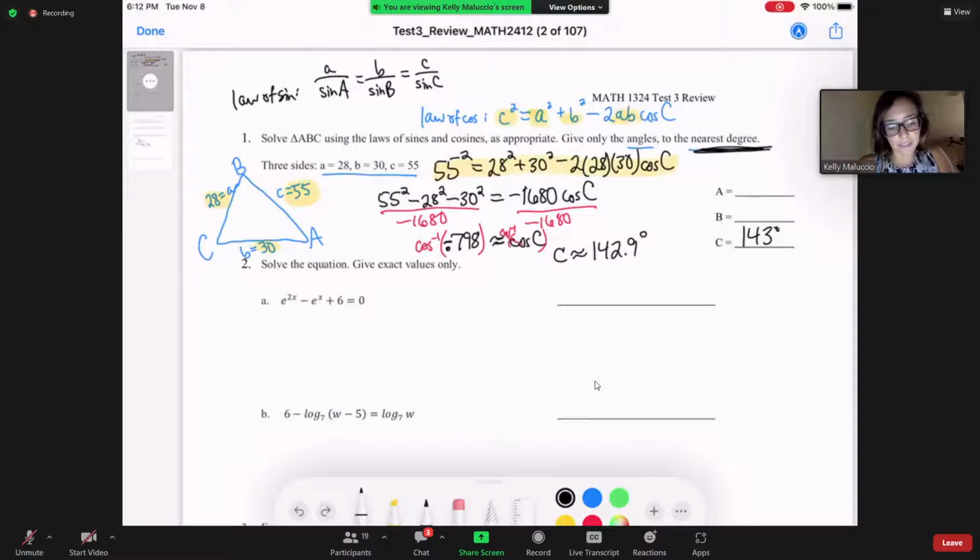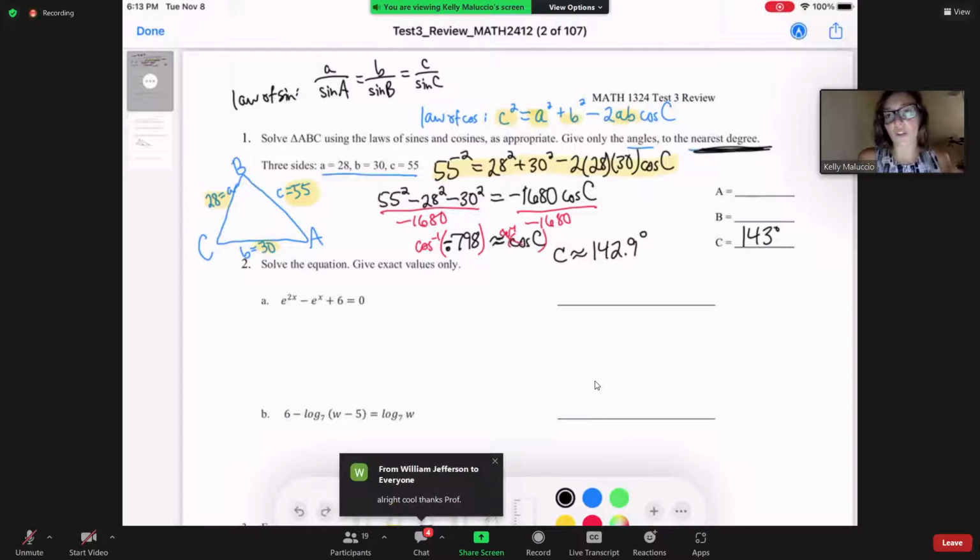If somebody did something different and got 142 here instead of 143 because they got half a decimal lower, I'm not going to take points off. So I'll accept answers in that range. Hopefully, Jakob, that answered your question as well.